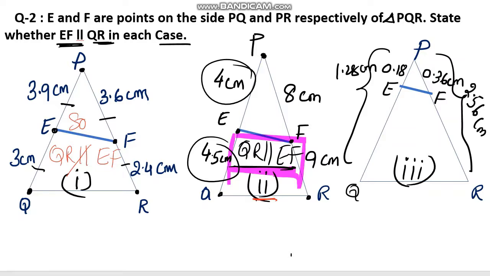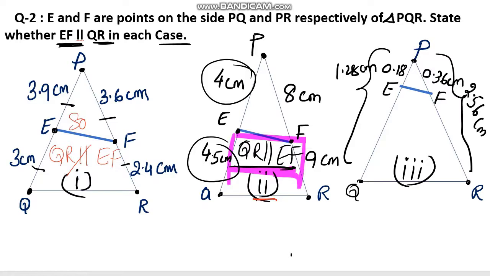Now children, let us see the third part. In this triangle, you have been given PQ totally, that is 1.28, and PR, that is 2.56. But you also know PE and PF, so from there you can calculate EQ.